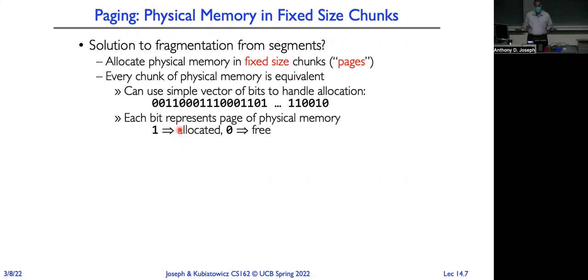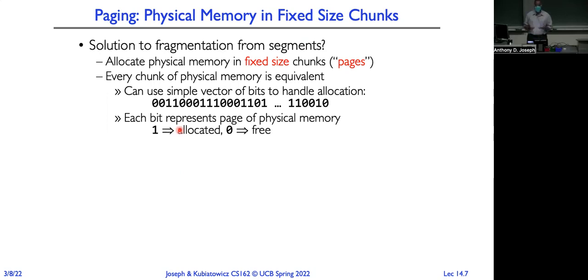Well, if they're fixed sizes, I can just use a bit vector. In that bit vector, if there's a 0, it means that page is free. If there's a 1, it means it's been allocated to some process. So now when I need to find a free page to give to a process because it wants some memory, I just scan quickly through that bit vector. As soon as I hit a 0, I allocate it.